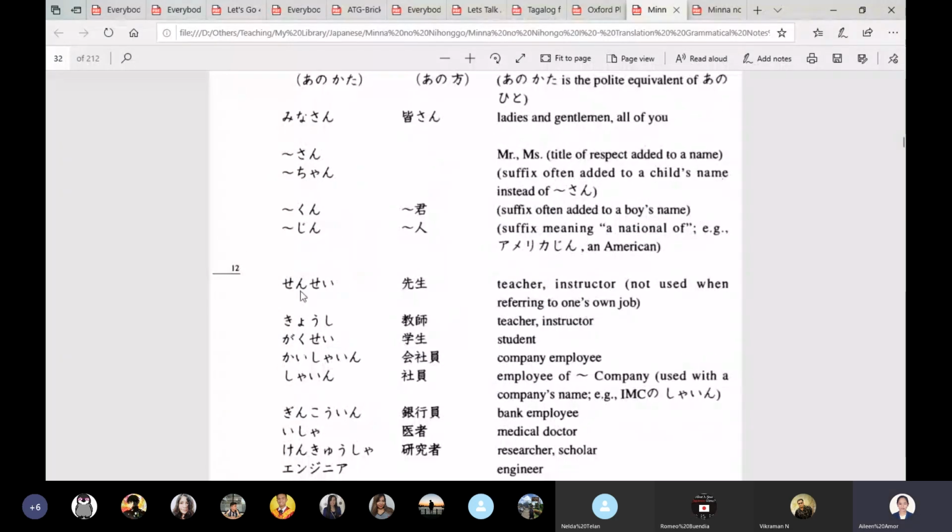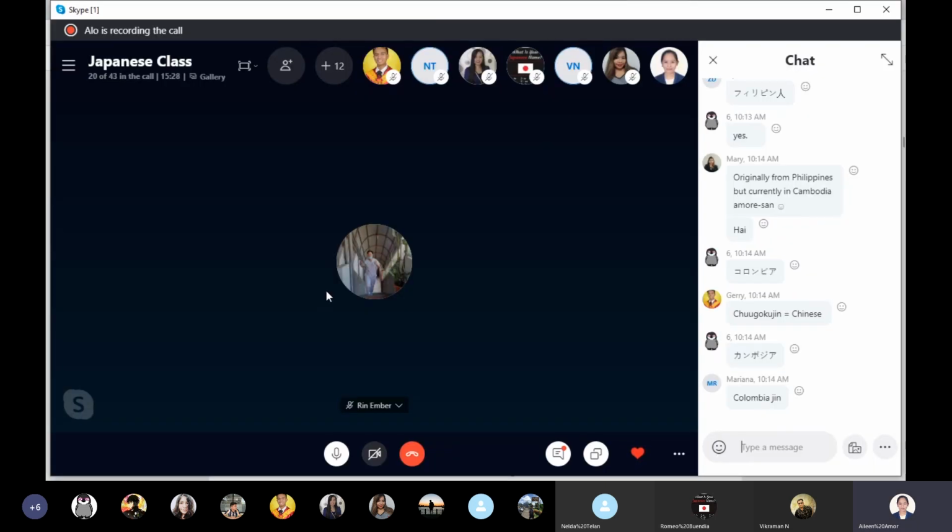Next, we go to sensei. Again, we use this to refer to teachers and doctors. So the word doctor is translated as isha.